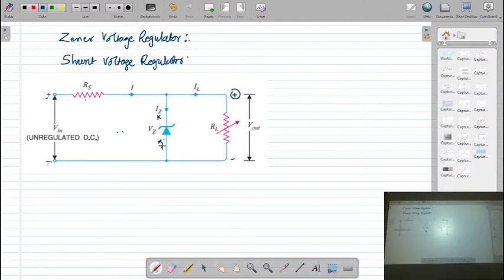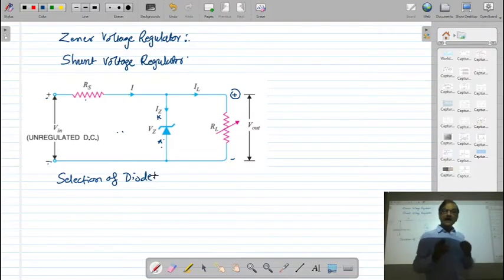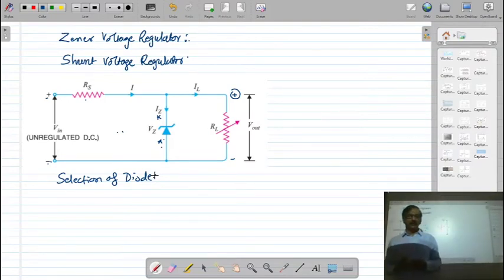So, first of all, the selection of the Zener diode. Suppose I want to make a power supply of 5 volt, then I have to select the Zener diode which has a breakdown of 5 volt. Suppose you want to make a power supply of 12 volt, then you have to select the Zener diode having a breakdown voltage of 12 volt.